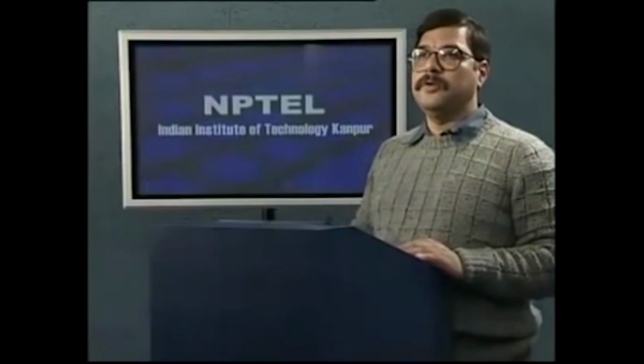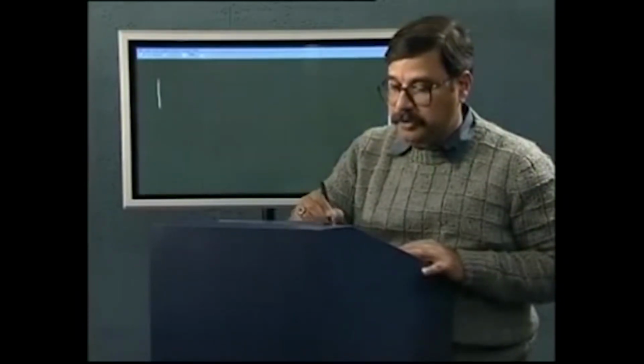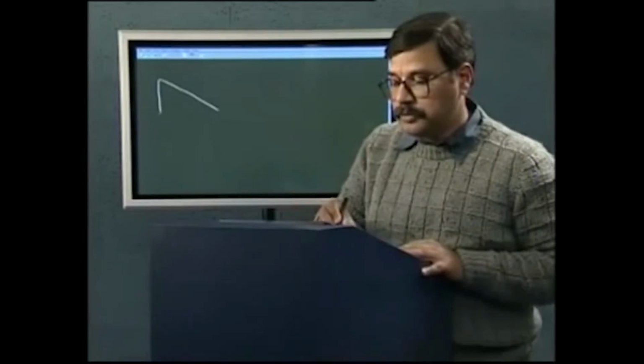The value of the coefficient of static friction can be easily estimated if we consider the motion of a block on an inclined plane of angle theta, and here is the free body diagram as I previously made. There is weight mg, normal reaction N, and the frictional force this way.